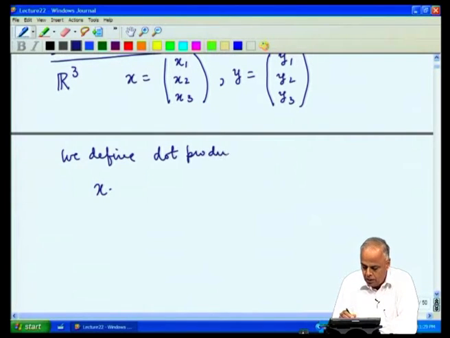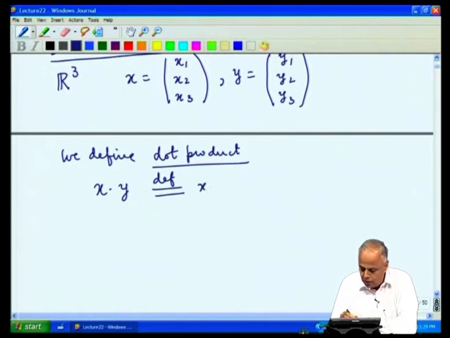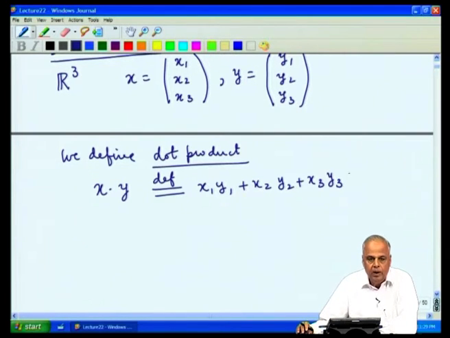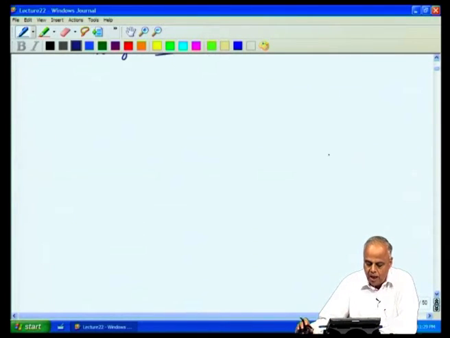This is in the vector calculus, vector algebra parlance known as the dot product x dot y. It is defined to be x 1 y 1 plus x 2 y 2 plus x 3 y 3. We now generalize this idea.